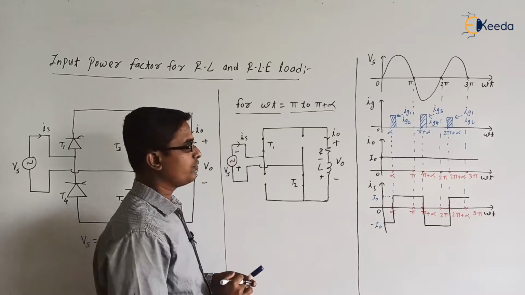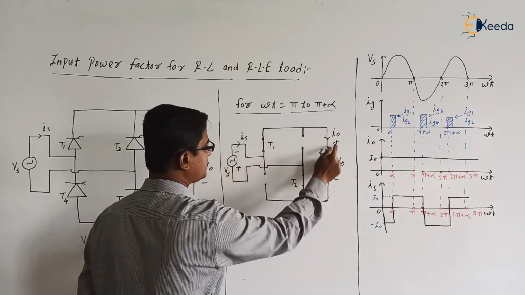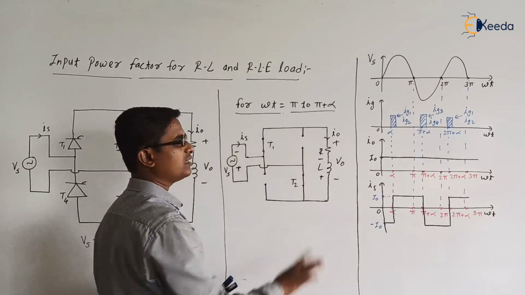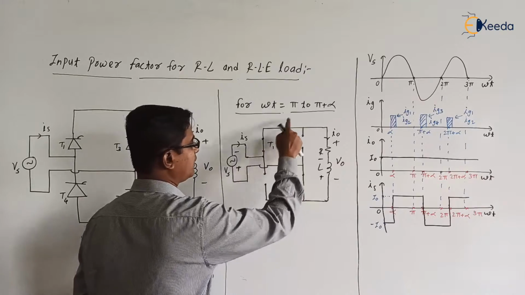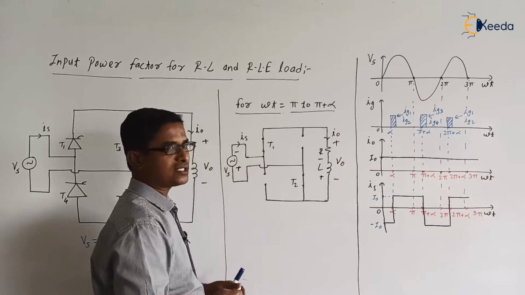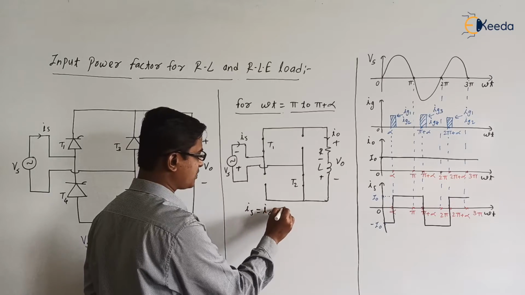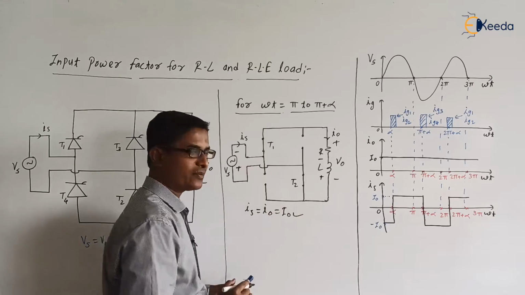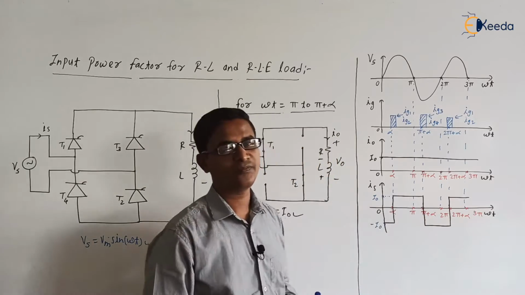When the inductor releases the energy, again thyristors T1 T2 will be in the on state. Again we have only one loop, so can we say that Is and I0 are the same? Yes, Is is equal to I0. Is this clear? So from pi to pi plus alpha, Is is equal to I0 only.